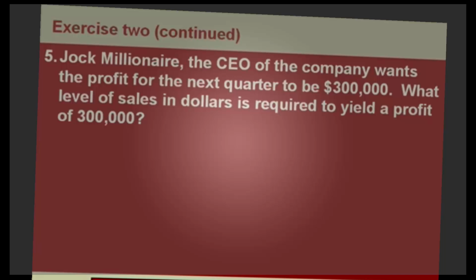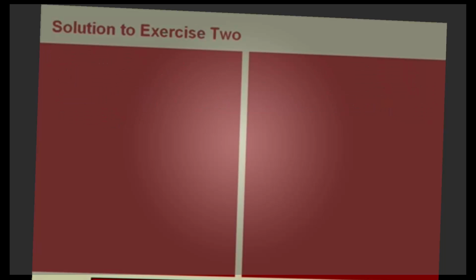Are you done? Here goes. The first step in any problem, regardless of whether they asked you or not, is figure out contribution per unit, because it's going to come in useful.